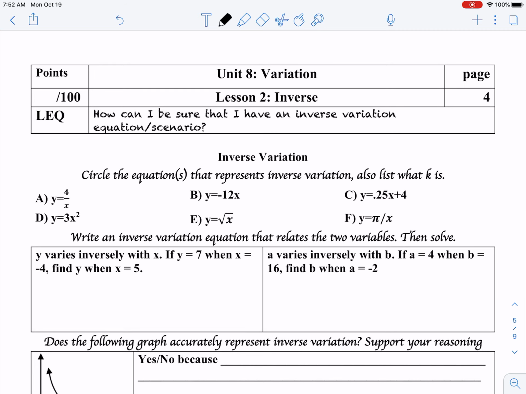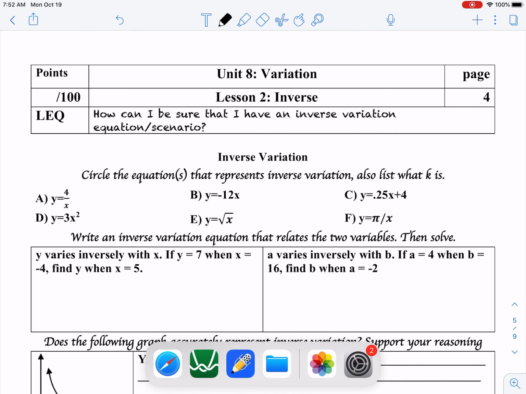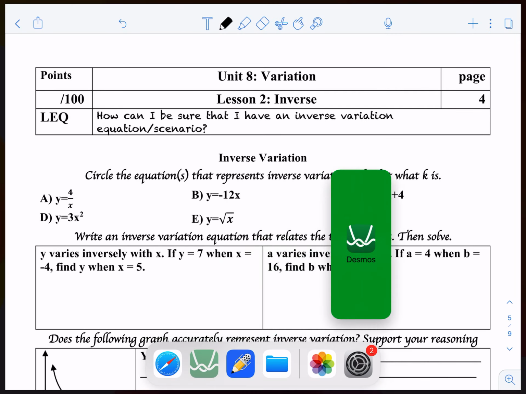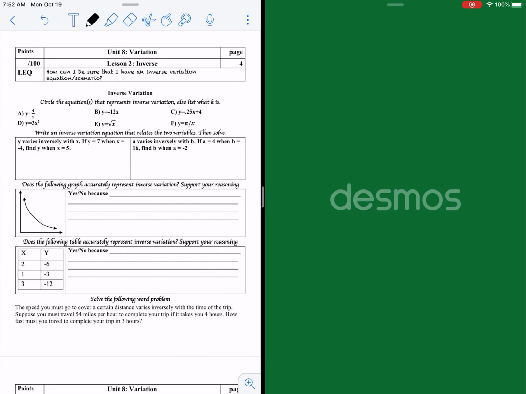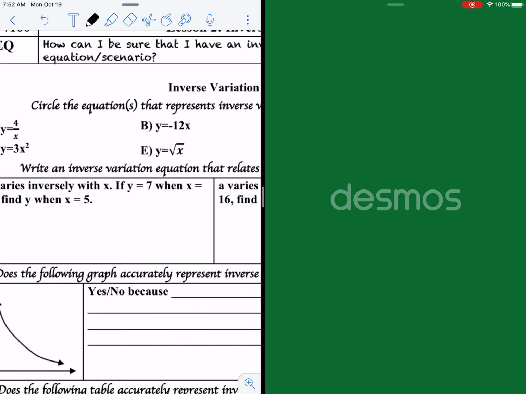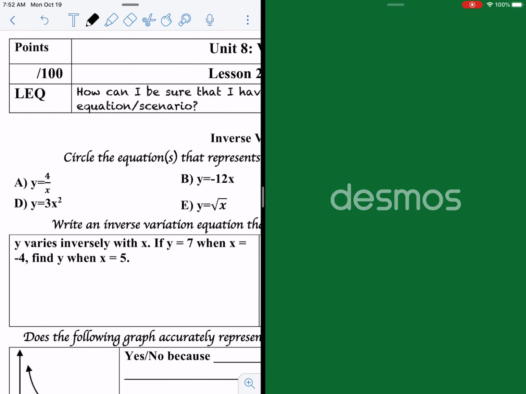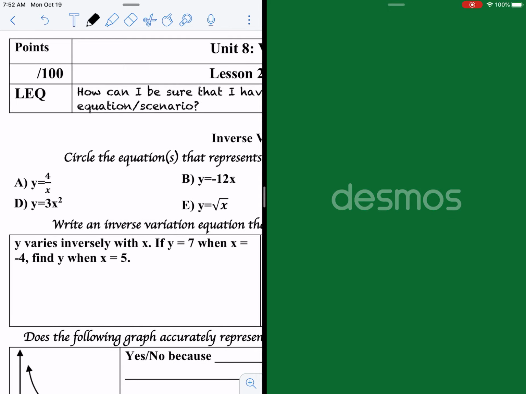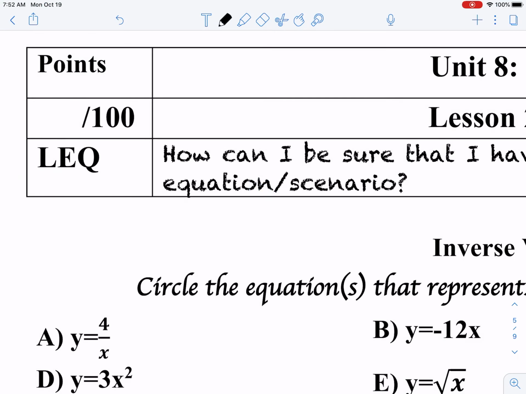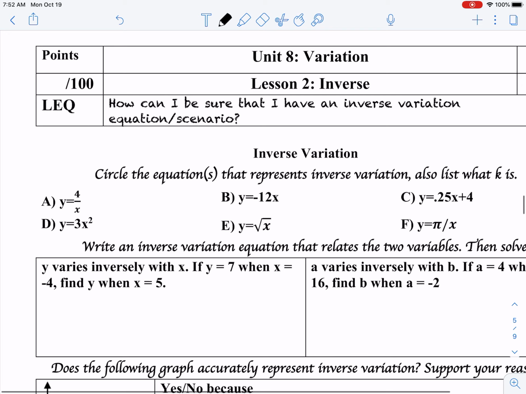Again, if you're unsure about equations, just go to Desmos. All right, so my Desmos ain't working this morning. So y is equal to 4 over x.